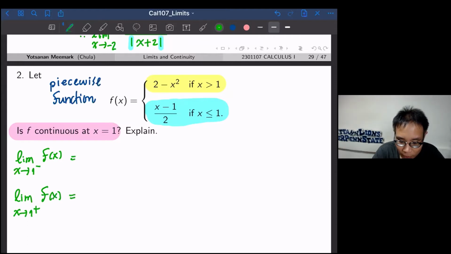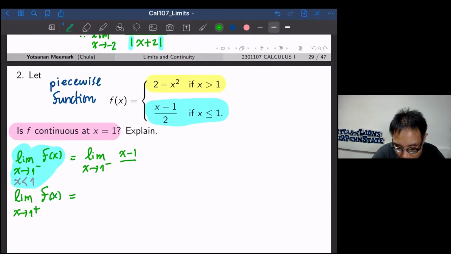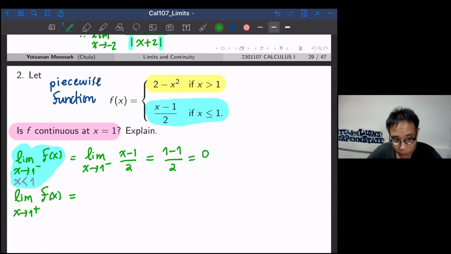When x goes to 1 from the left, x is smaller than 1, so you are in the blue formula. You have the limit as x goes to 1 from the left of (x minus 1) over 2, which is 1 minus 1 over 2, equal to 0.